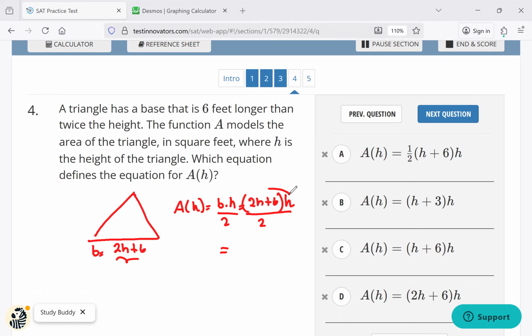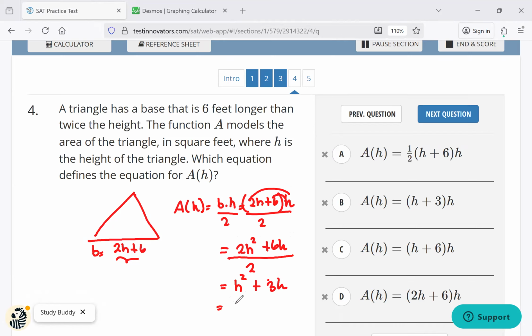Okay, clean this up. 2h times h is 2h squared. 6 times h is 6h, all over 2. If you divide each term by 2, this is going to be h squared, and then 6h divided by 2 is 3h.